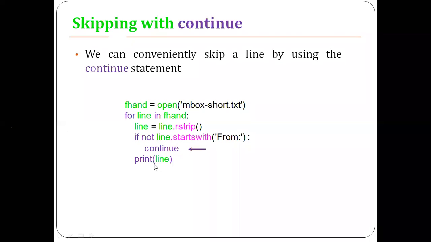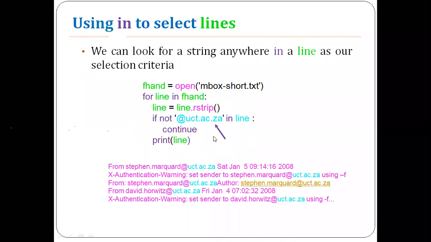If the next line doesn't start with "From", I'm continuing, skipping the rest of the instructions and moving to the next line. Like this, we can use not and continue to skip the lines which don't meet the criteria.